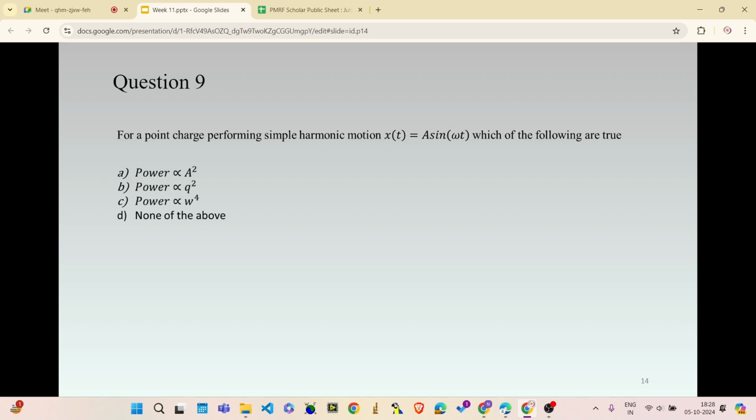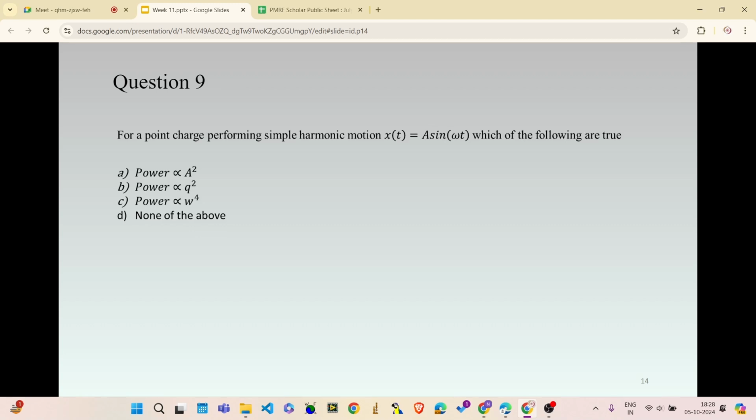So you will see that the dependence will be Q square A square, with a sine omega t omega square whole square, and sine square theta over 16 pi square epsilon naught square r square.